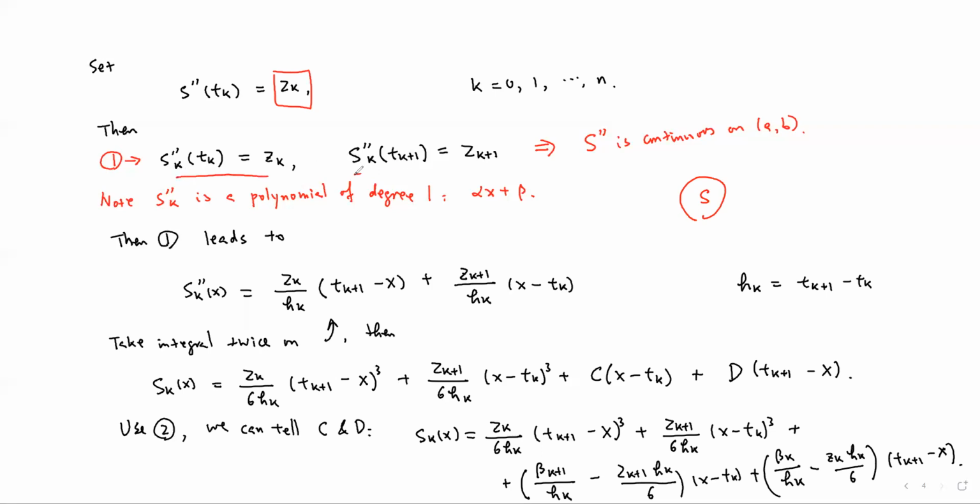When these two conditions are satisfied, the second derivative of S is continuous on the interval [a, b]. What we haven't used is the continuity of the first derivative. So let me use this condition to find c_k.